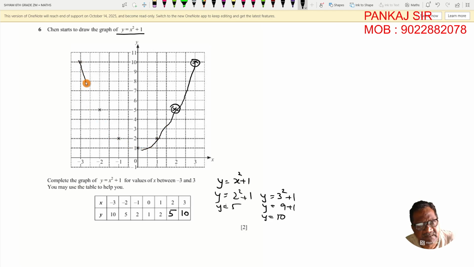Okay. This will not be that good, but it should be okay. So this is the graph, roughly.